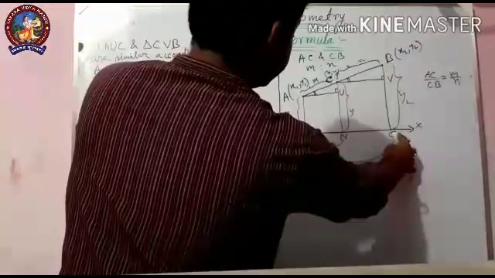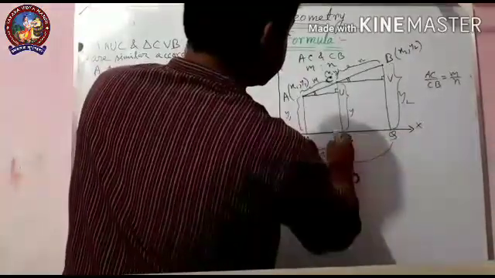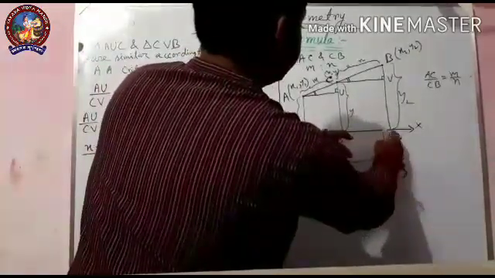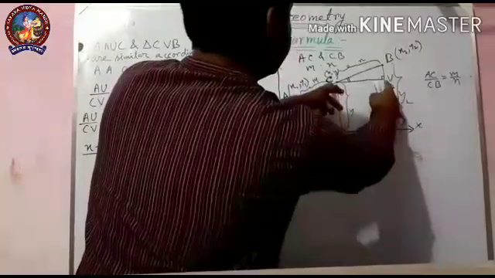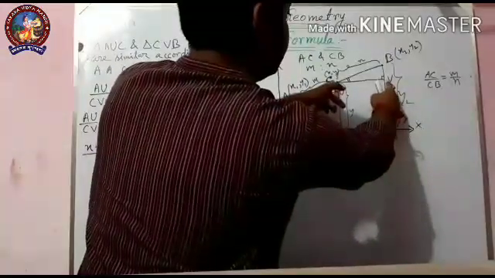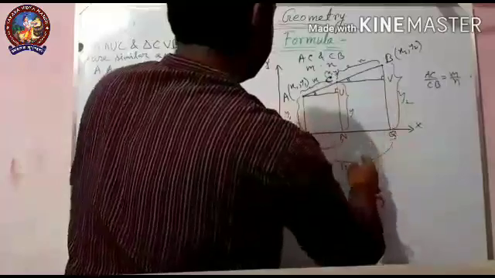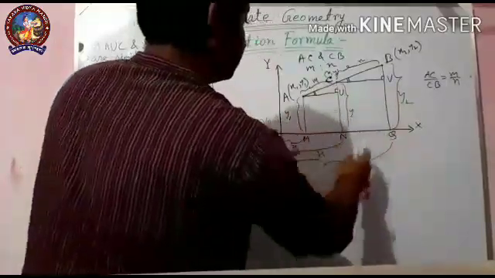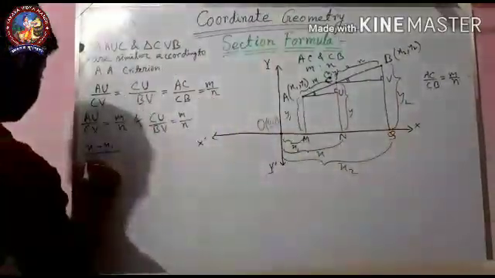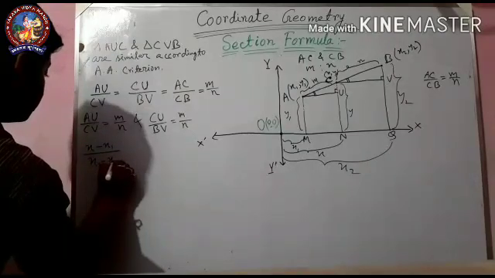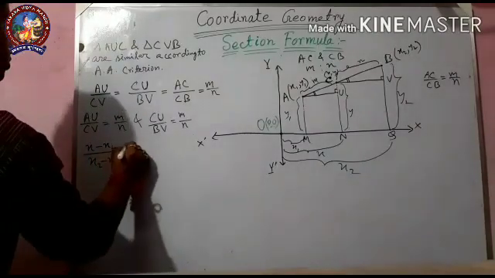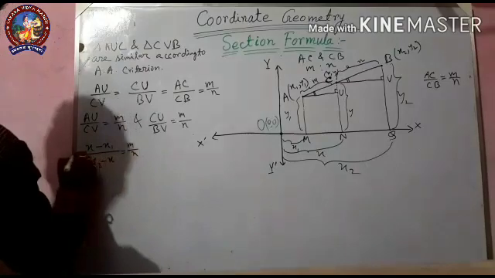This entire length is x2 and this much length is x. So the length of line segment NQ, which is equal to CV, is x2 minus x. This is equal to m by n.